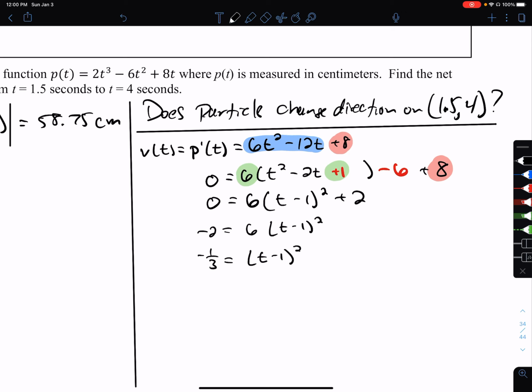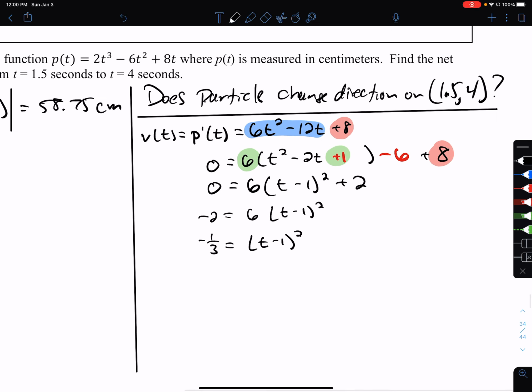and I have an issue now. Because when I square root both sides, I'm going to end up square rooting a negative number, which means this is going to be imaginary. Which means the velocity never equals 0 on the interval from 1.5 to 4.